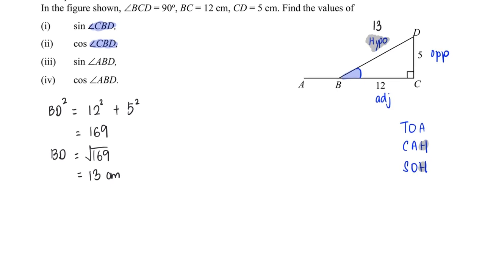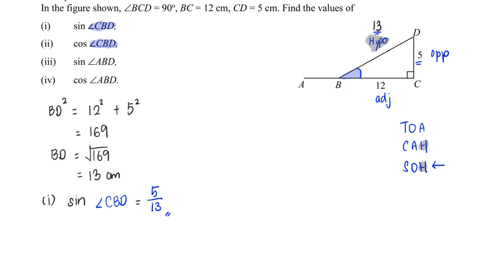So part 1, the sine of angle CBD is therefore equal to opposite over hypotenuse. Opposite is 5, hypotenuse is 13, so it's 5 over 13.